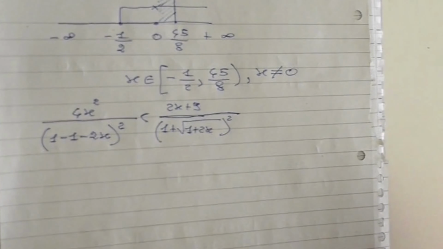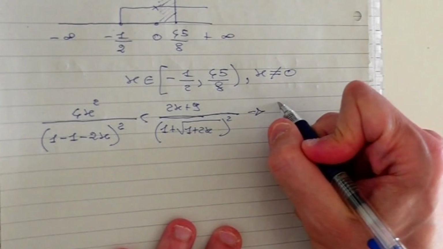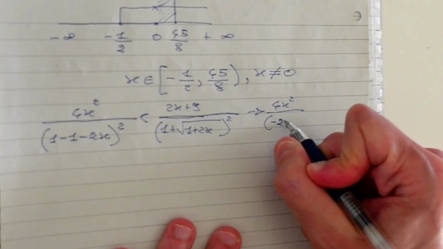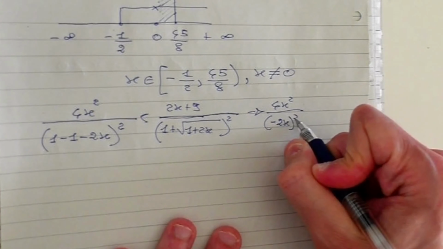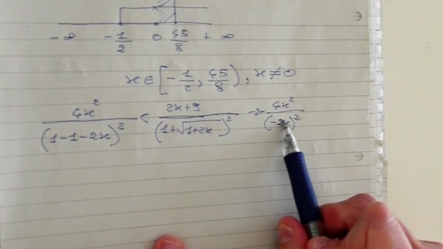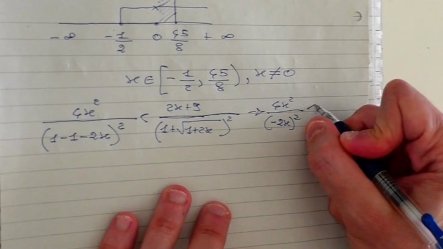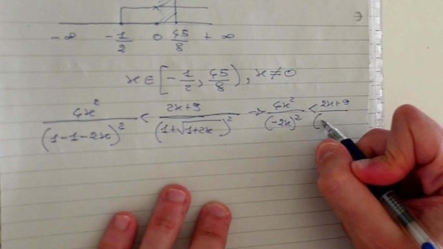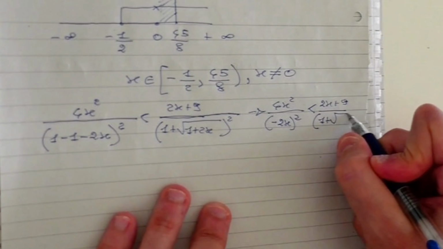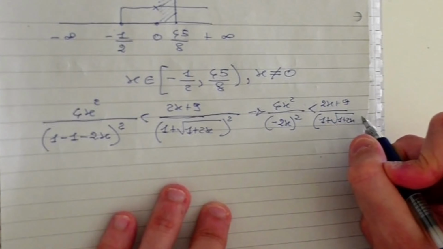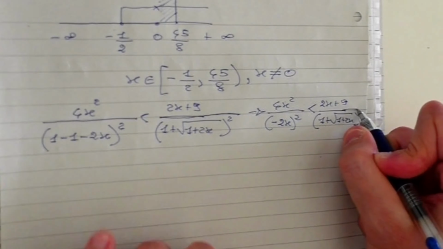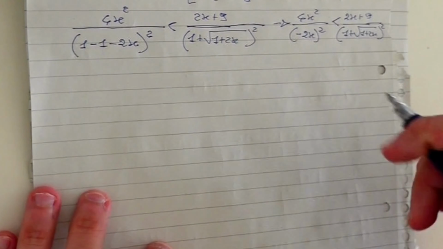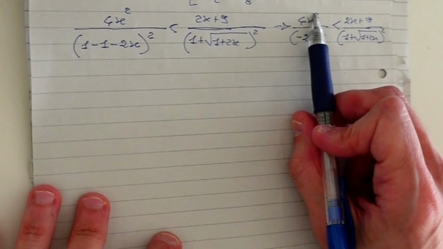So what does this imply? 4x squared, then minus 2x squared, and here there is a moment of satisfaction, less than 2x plus 9, and then again 1 plus 2x, so this is 1, as you can see.